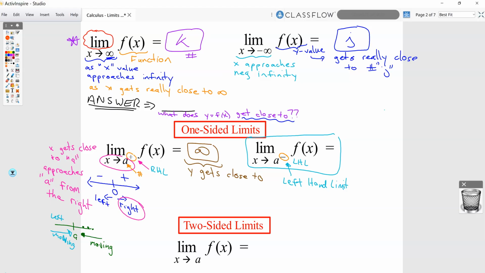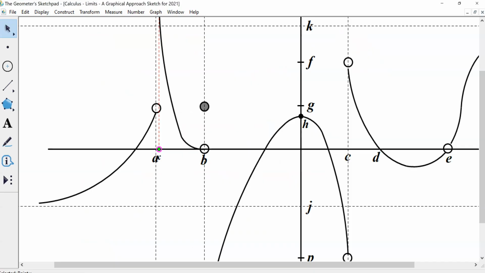So let's see if we can look at our graph again. So this time I'm going to take my x value, line it up on the left-hand side to the left of x equals a. So when I'm at this location, I can see my y value is right here. Okay, so now let me come back right here as we move.